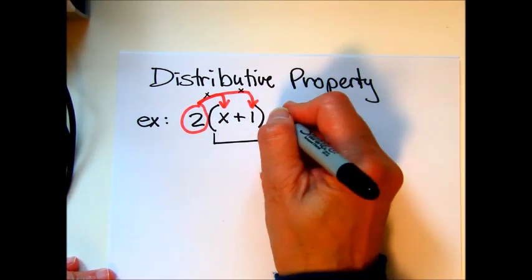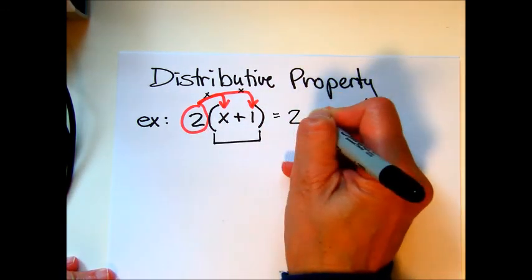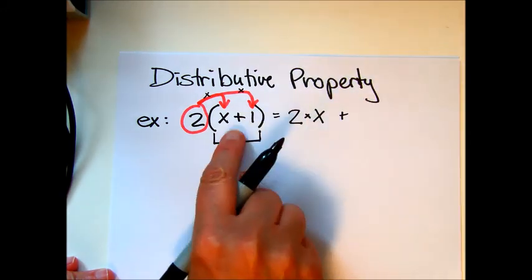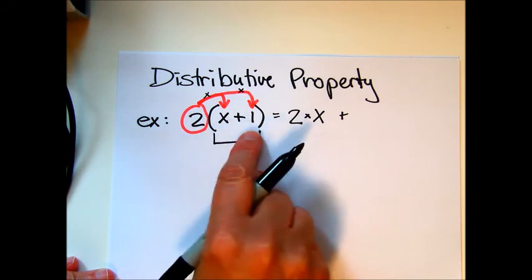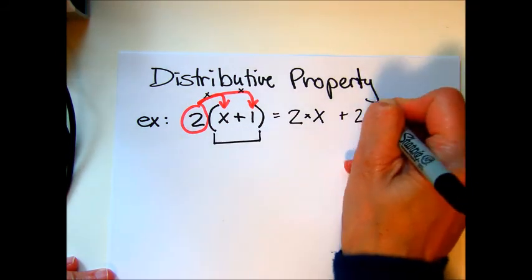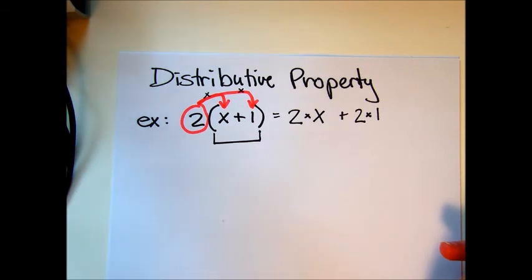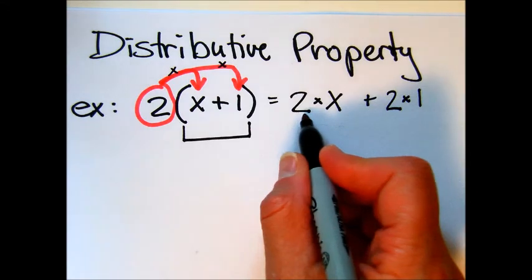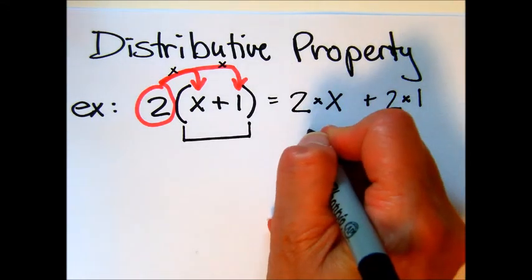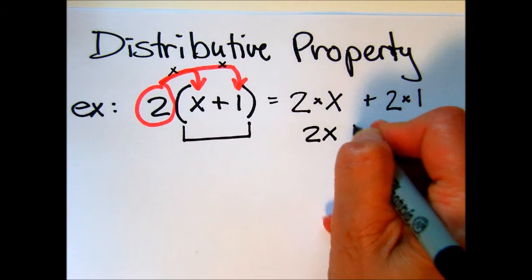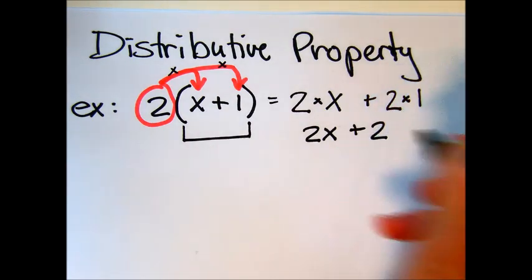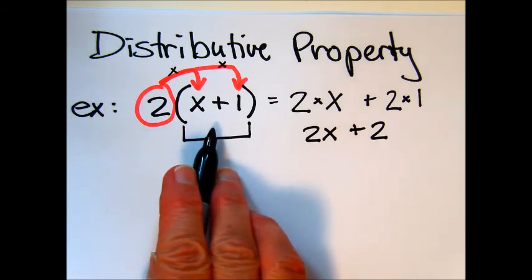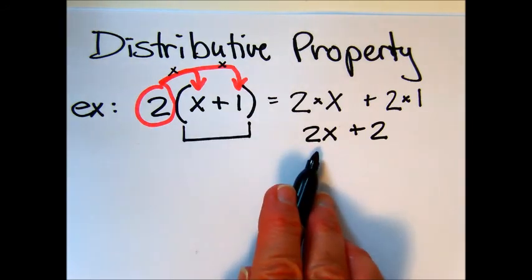So it'd be 2 times x, and then I'm going to add 2 times 1. Okay? We're going to do a couple of these. Now we would simplify 2 times x. That's the same thing as 2x. 2 times 1 is 2. And so 2 times the quantity of x plus 1 equals 2x plus 2.